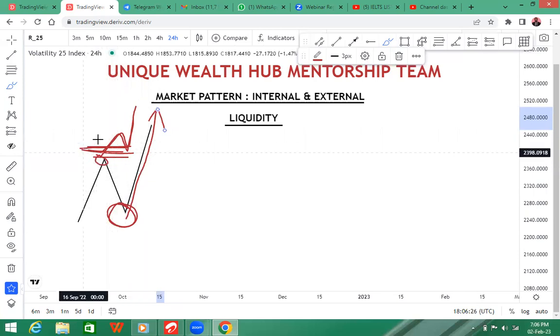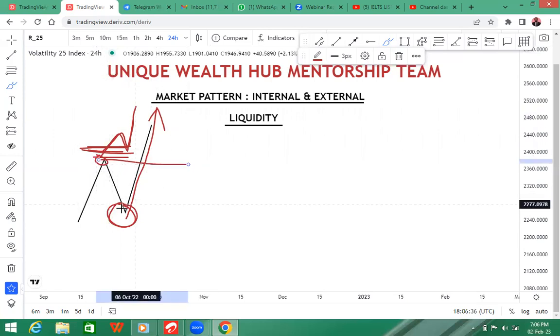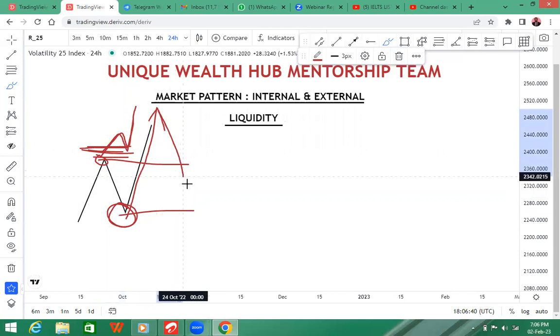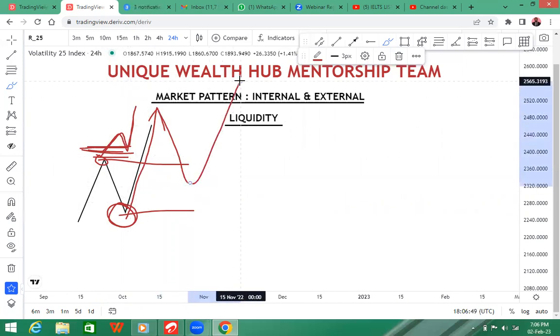So they take out all the stop losses here, add to their position, and they are running in profit. Now their position that was open here is in drawdown. So they are still coming back to mitigate. So when they get to this place, they come back to mitigate 50%. While retail traders are waiting for that last candle, they just come touch 50% and off they go.